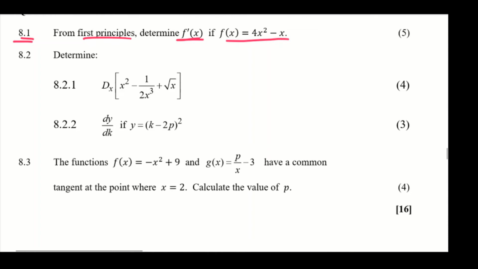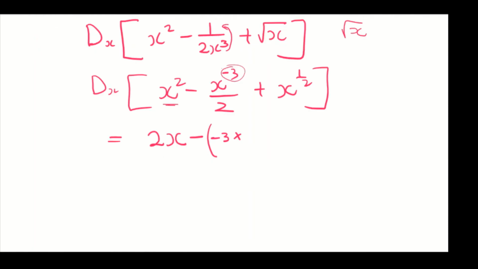So now we can differentiate this expression. We will have 2x, the derivative of this, and minus into, we'll drop the minus 3, so it's going to be minus 3 multiplied by x over 2 to the power of minus 3 minus 1, and plus 1 over 2 into x to the power of 1 over 2 minus 1.